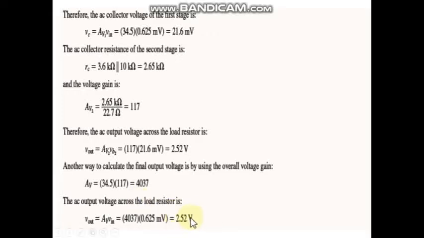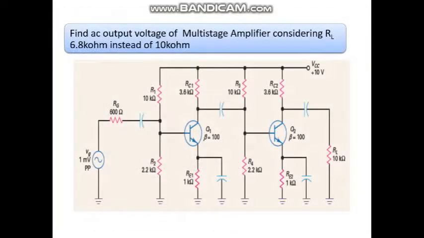That is the same as the V out you calculated using the previous method. Find the AC output voltage of the multi-stage amplifier considering RL 6.8 kilo ohm instead of 10 kilo ohm. So the same example you need to repeat by changing the value of RL to 6.8 kilo ohm.